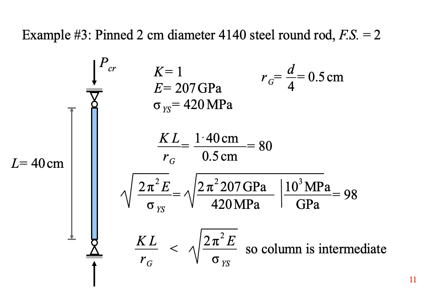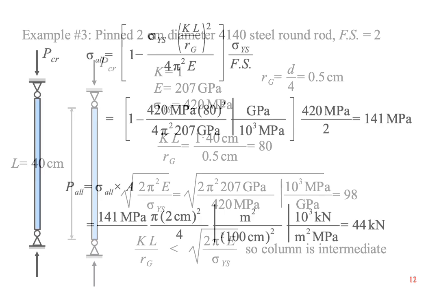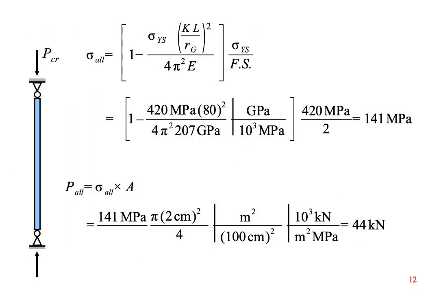Therefore, the column is intermediate, and we can use the J.B. Johnson formula. Allowable stress is 141 megapascals, which is about a third of the yield strength of the steel. Allowable load is 44 kilonewtons.